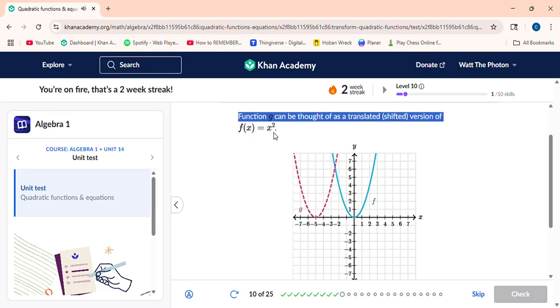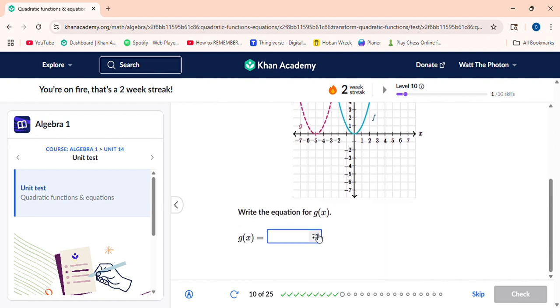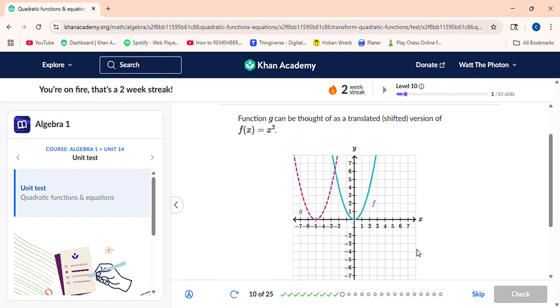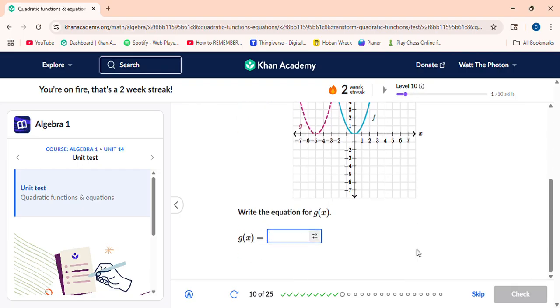Yay! The function g can be thought of as a translation of f of x. Write the equation for g of x. What is that? x squared minus 5. Is that going to work? x squared minus 5. Does not.